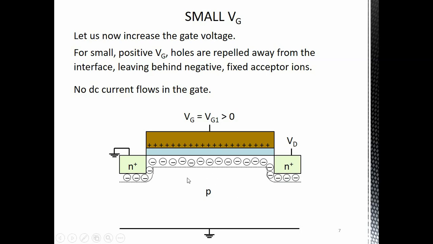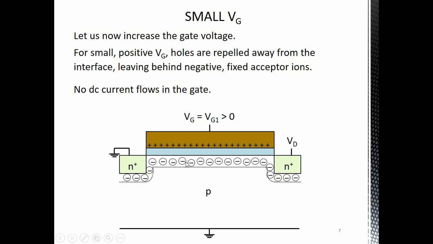In a p-type semiconductor, there are freely moving holes and there are fixed acceptor ions which are negatively charged. In a neutral p-type material, there are as many holes as there are negative acceptor ions, and so the material is neutral. When we push the holes away from the surface, they leave behind negative acceptor ions, and so there is a negative charge near the surface.